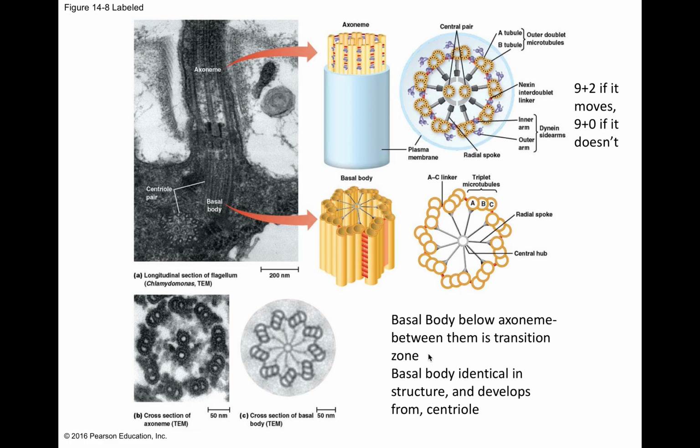In a sperm tail, you have at the base of the sperm a basal body leading to an axoneme, and the basal body has a microtubule structure, and the axoneme has a different microtubule structure. So the basal body has triplets, the axoneme has doublets. There are motor molecules in between these microtubules.